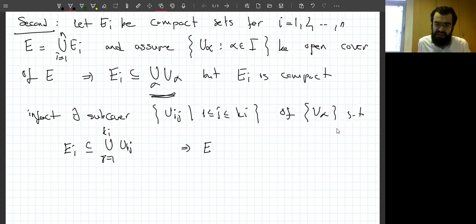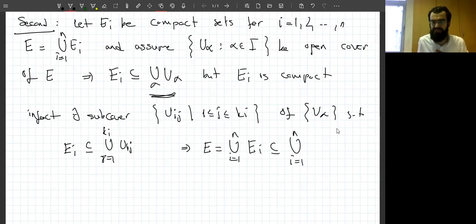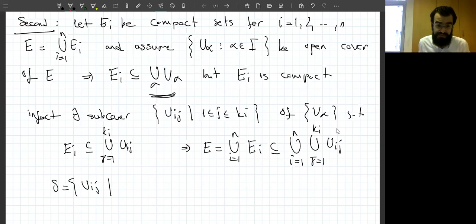This implies E, as a union of these subsets E_i, i from 1 to n, is a subset of the union over i from 1 to n of the union of U_ij, with j from 1 up to k_i.